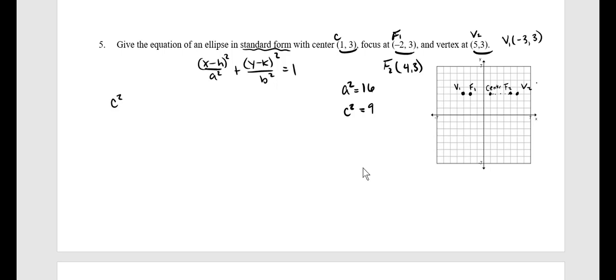From there, we use the equation to solve for b squared. Looks like b squared equals 7. So we should be root 7 units away, a little less than 3, in either direction from the center to get to our minor axis endpoints.